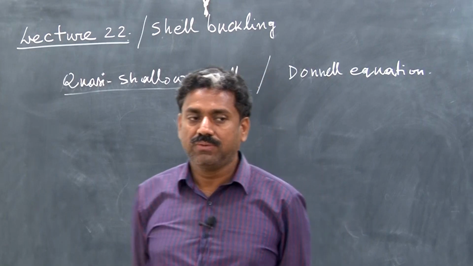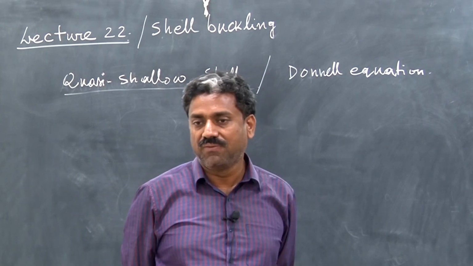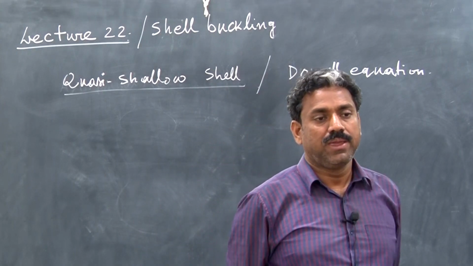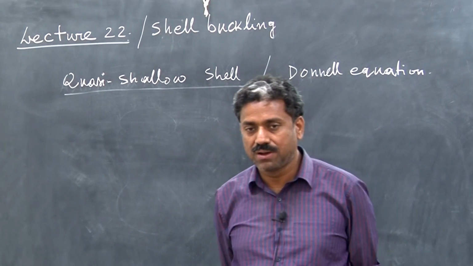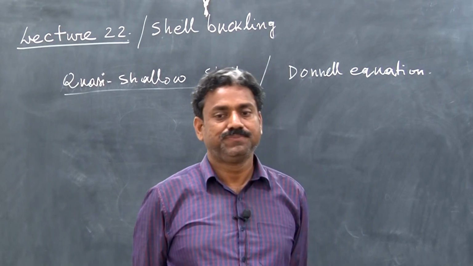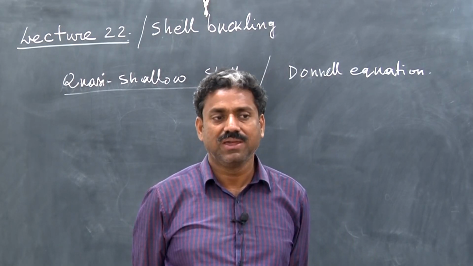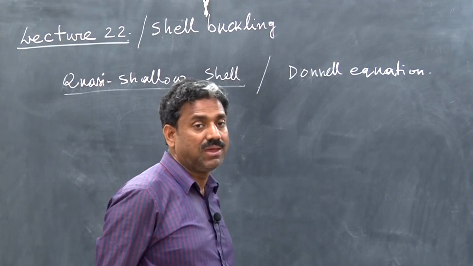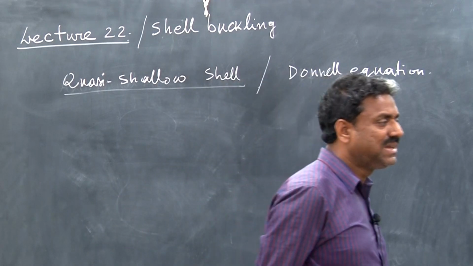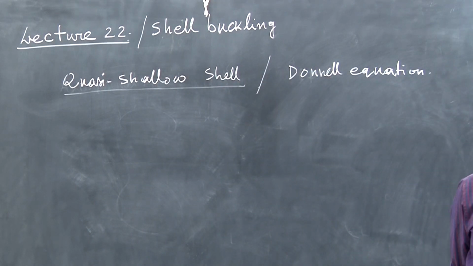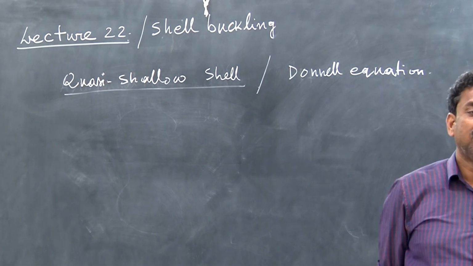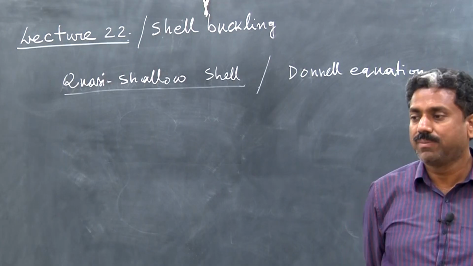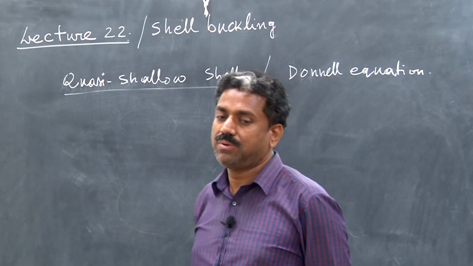If you read the book by Bruce and Almroth, and they themselves also contributed, Calladine, Bushnell, and of course von Karman, and then Donnell. Initially, using simple equations like what we are doing here, they tried to describe it, but it was not matching with what we observed experimentally.